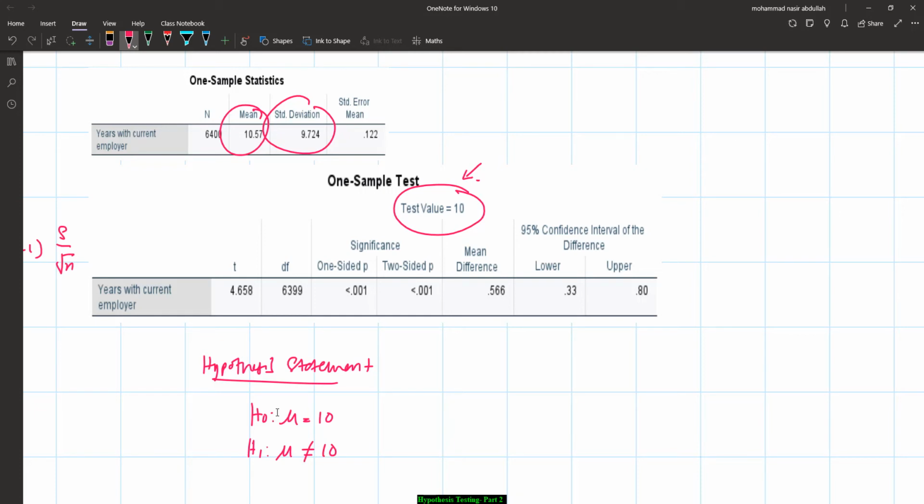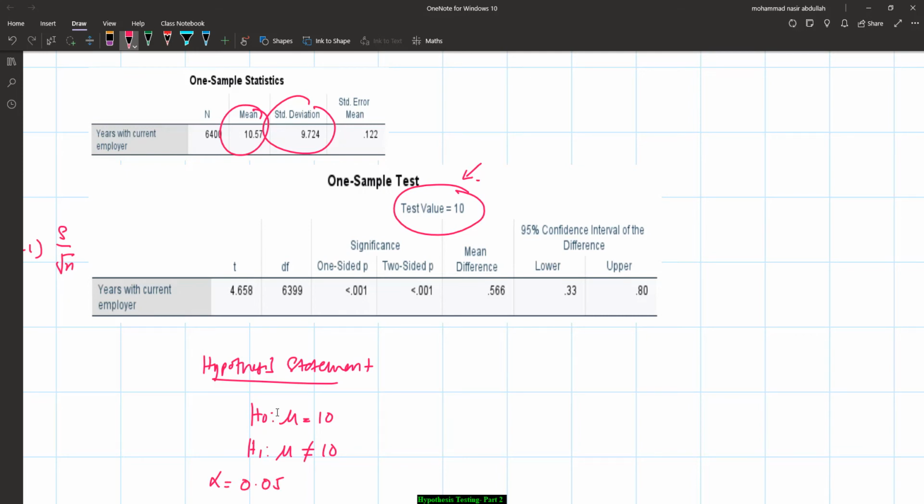In SPSS, they give us the value of the two-tail test. If you want a one-tail test, you need to specify it, but there is no option to specify that in SPSS. Let's say we set alpha to 0.05.